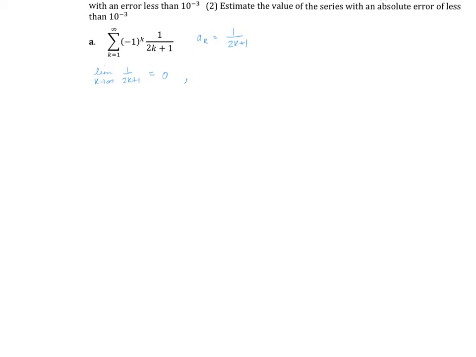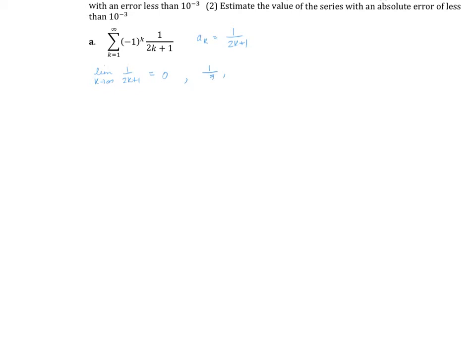Also, it's clearly non-increasing. And in this case, I can say that without taking the derivative or doing anything special, because if I put in k equal to 1, I have 1 over 3.